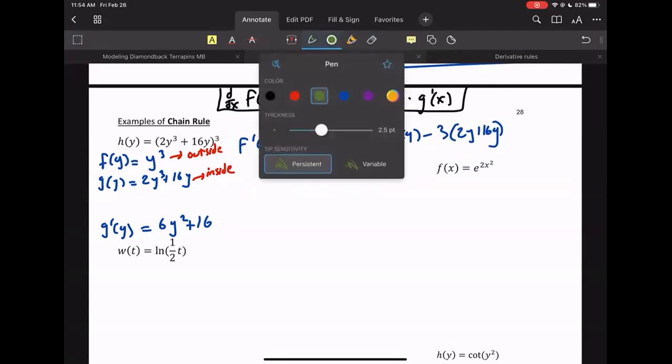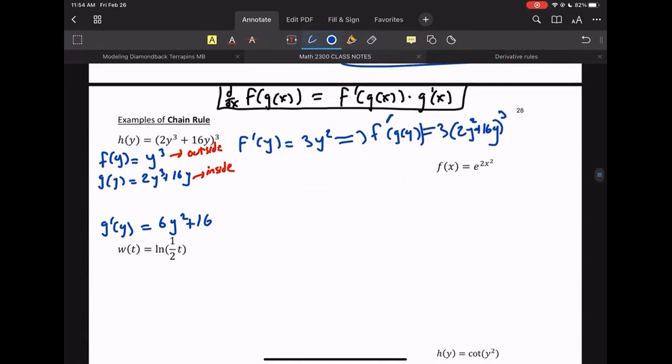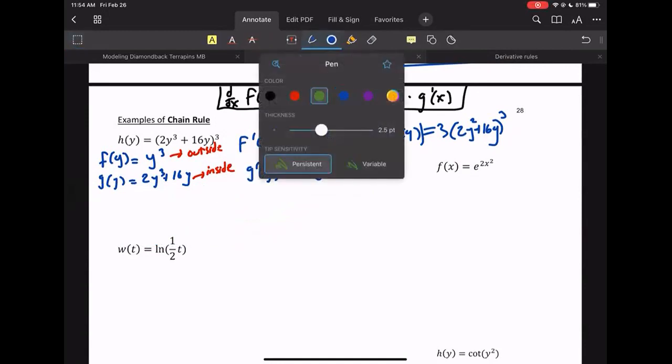Let's see. So I just want to do that so I could write the answer down right below it.